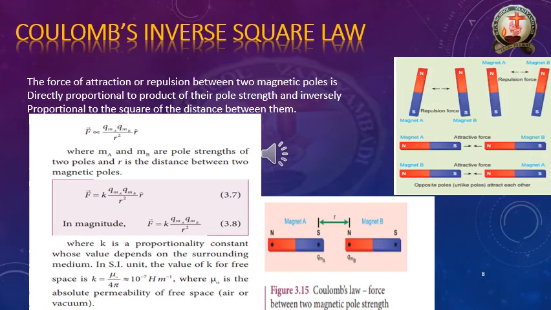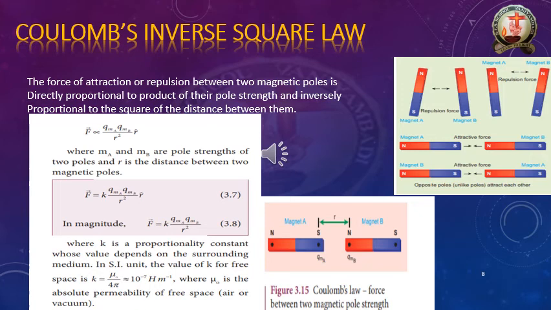You can see the figure downside. He has given two magnets, magnet A and magnet B. Magnet A has two poles and magnet B also has two poles. These two magnets are placed opposite, south and north.